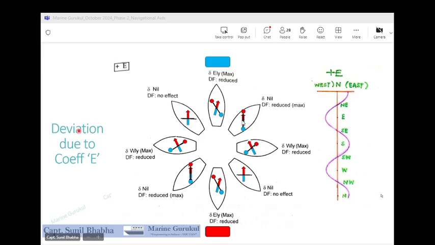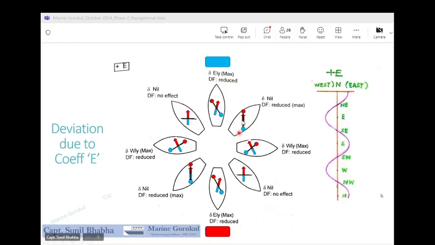Let's now see the deviation generated because of this structure. So let's first have a look with the ship on a northeasterly heading. When the vessel is on a northeasterly heading, this structure is perfectly aligned with the magnetic field line of the earth, thus generating very strong poles at both the ends of the soft iron structure.